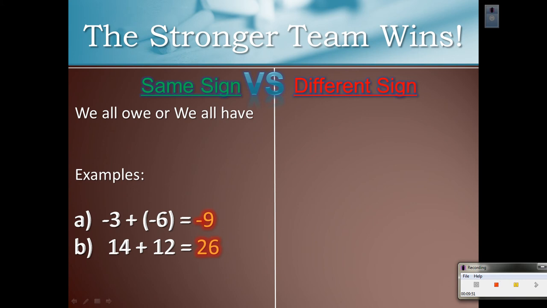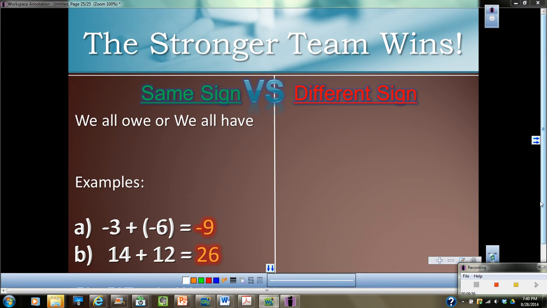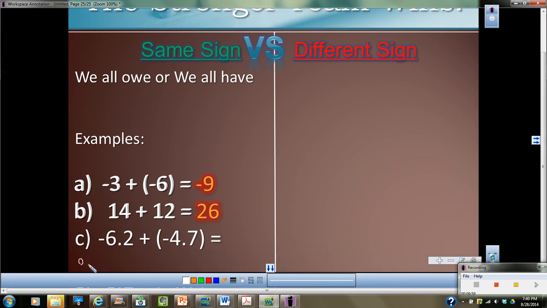And then sometimes you get thrown off because you see a decimal, but it's the same thing. You're dealing with money. So this means I owe $6, and that 0.2 means 20 cents, and then I owe $4.70. Well, if I owe and I owe, we already know that means I'm going to owe more money.